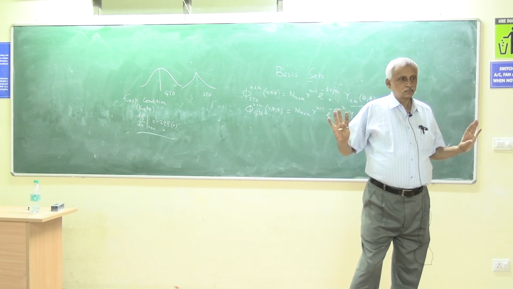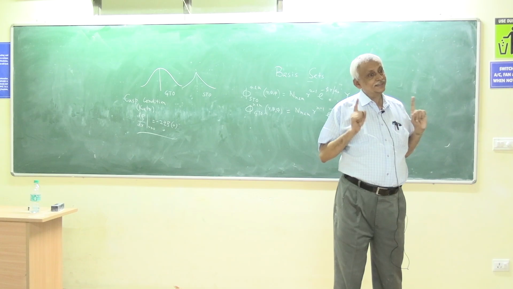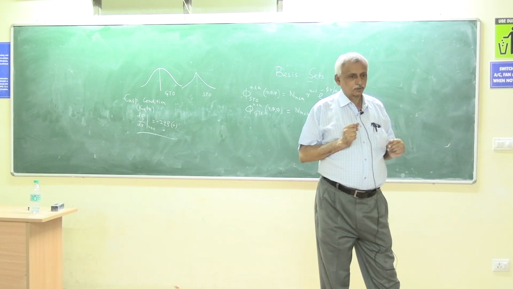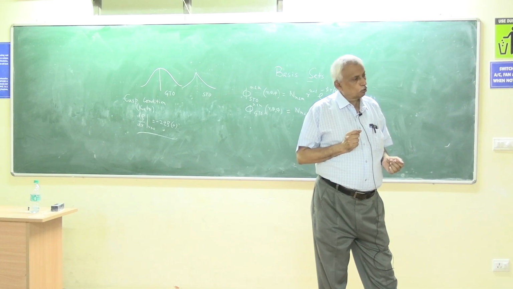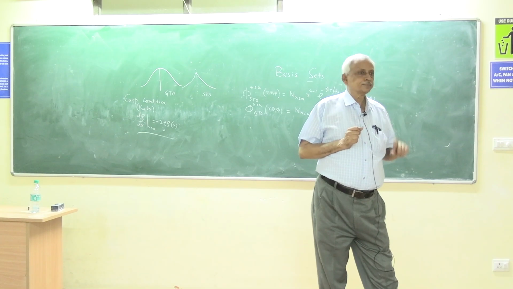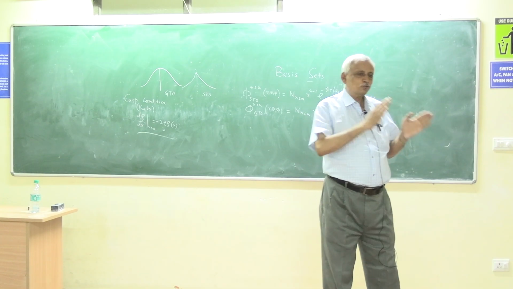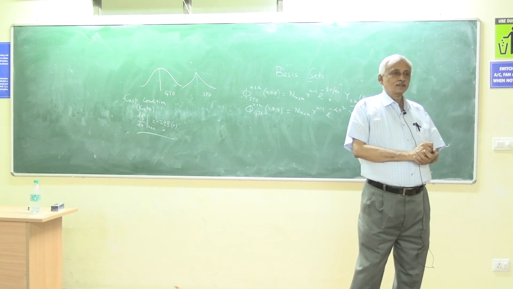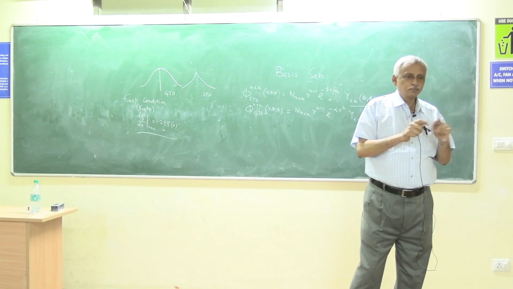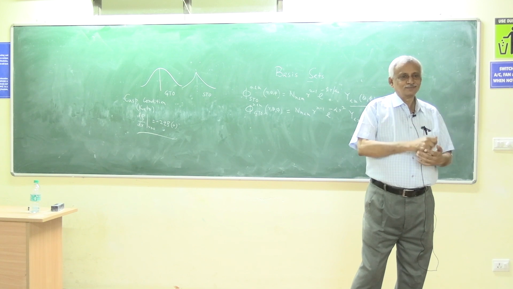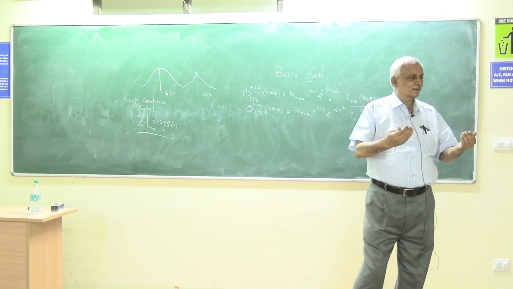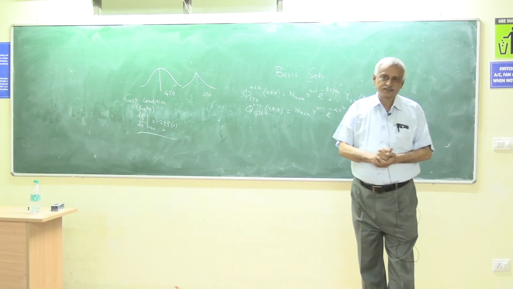That means you have to calculate 4 center integrals, and it is very, very, very time consuming to calculate the 4 center integrals. But for Gaussians, it would be reduced to a 2 center integral. Why? Because the product of two Gaussians is also a Gaussian at the middle of the two Gaussians. Okay. That means your 4 center integral gets converted to a 2 center integral.